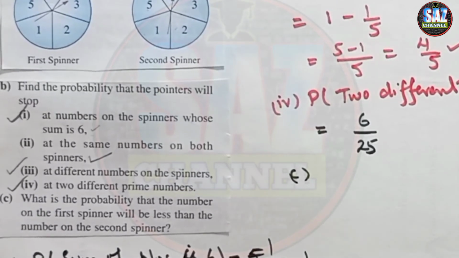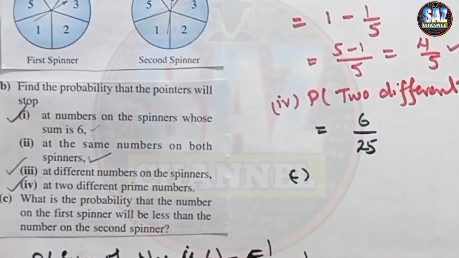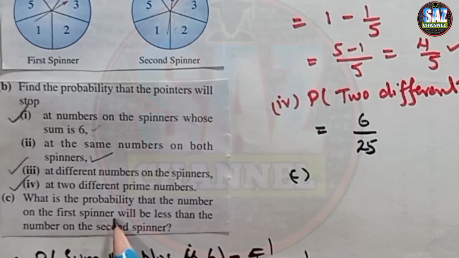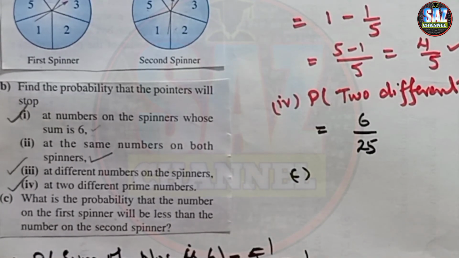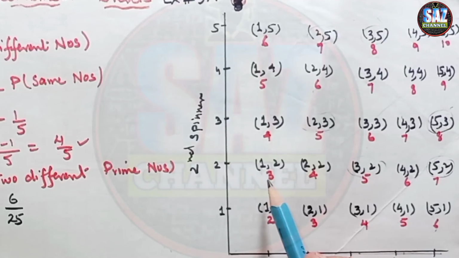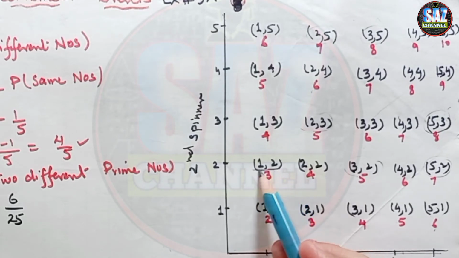I always ask my students to use your pencil and then remove that work. Okay, now the number on the first is only less than the number on the second spinner. Now how many chances are there where the number on the first spinner is less than the second spinner?